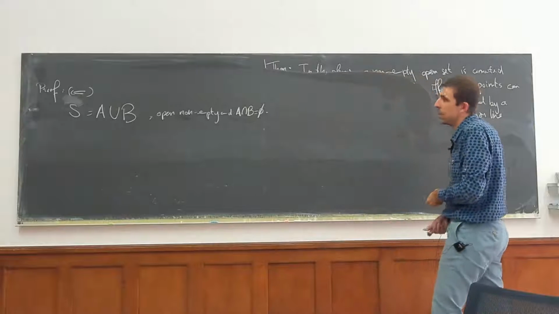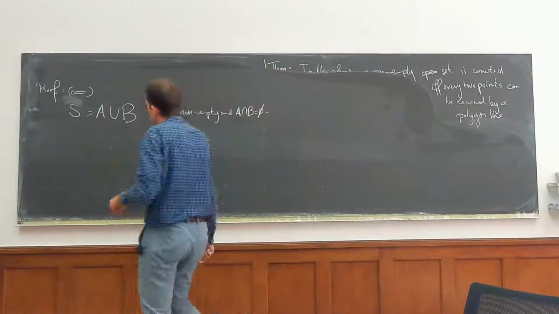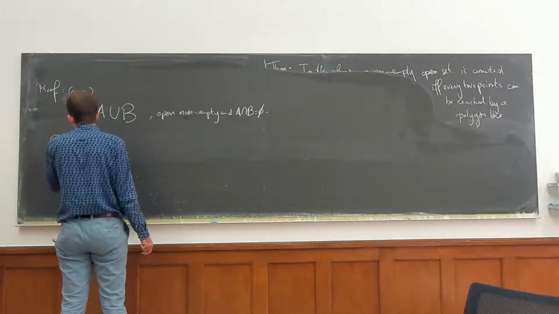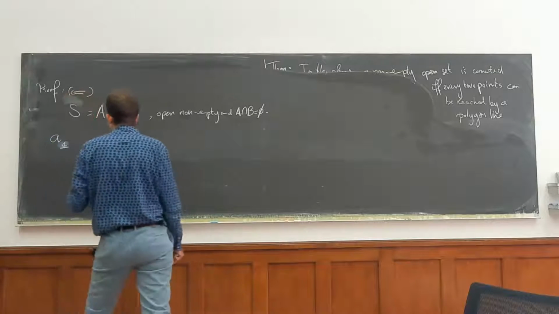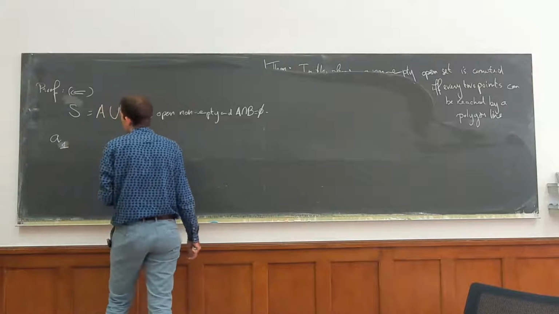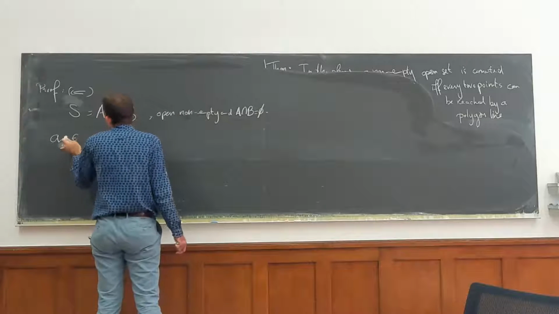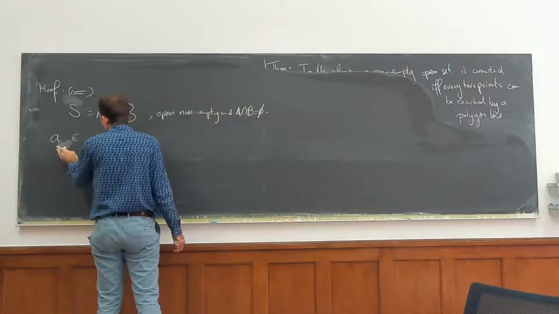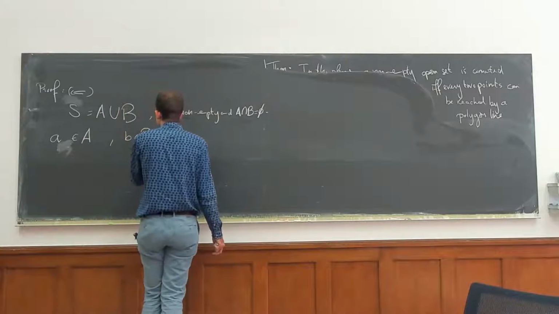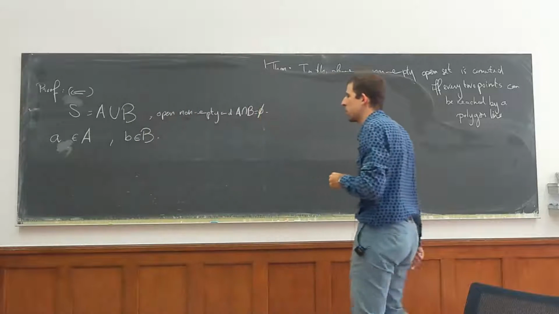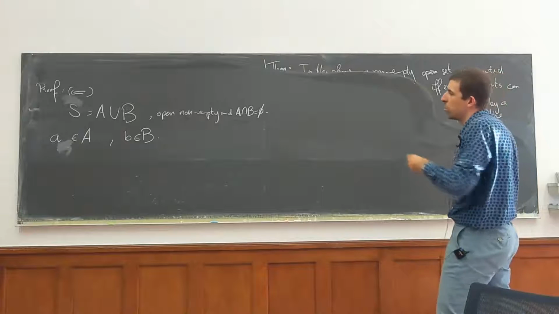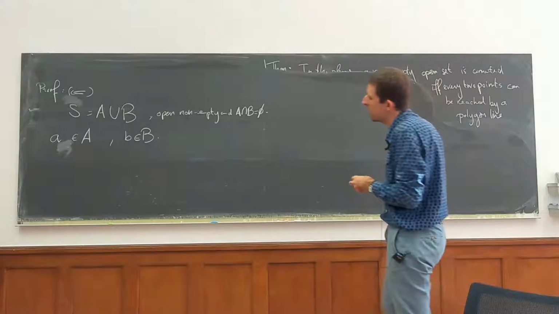Now let's take a point a in A and a point b in B. Because the sets are non-empty, these points must exist.